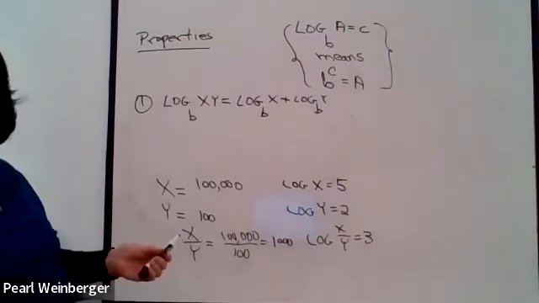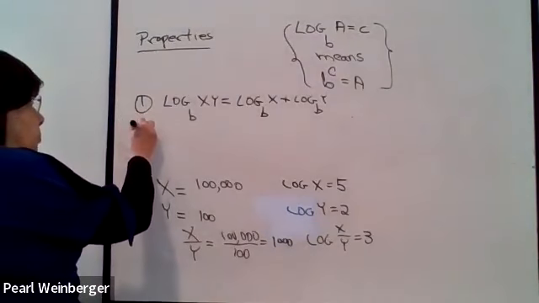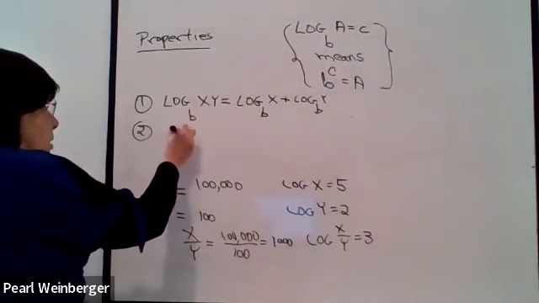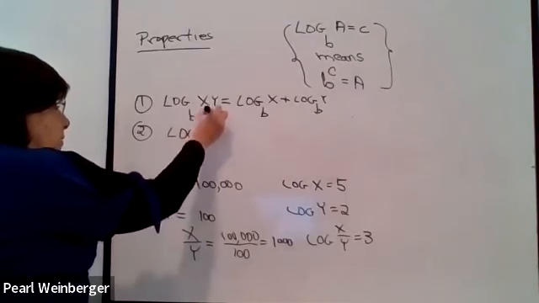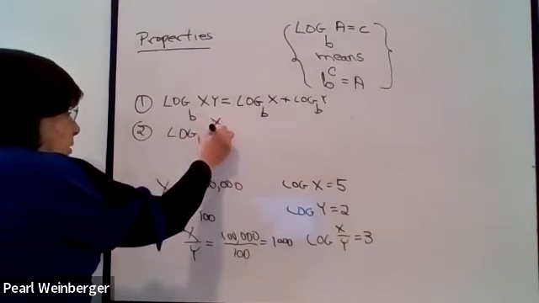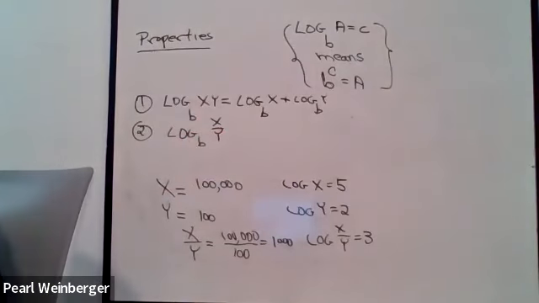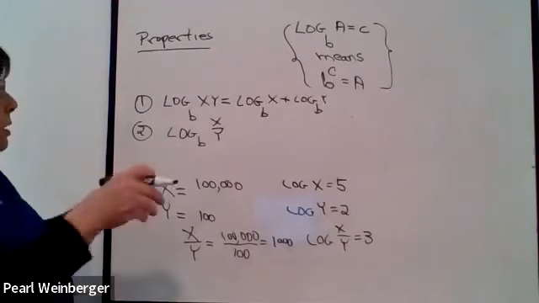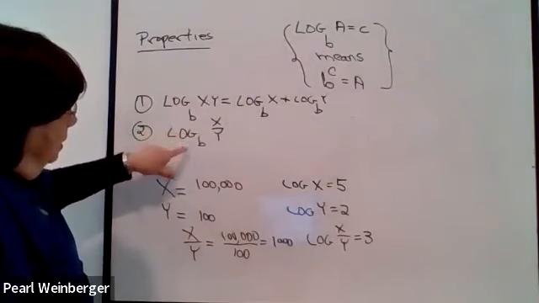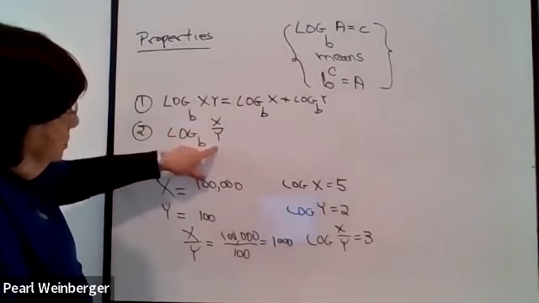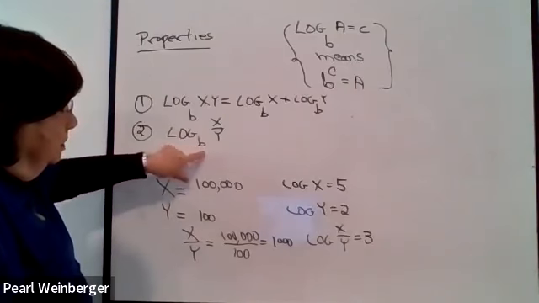So therefore, my second rule, my second property of logs is that the log base b of x divided by y is, so the second rule is if we're dividing two numbers, then what we do to their logs is we subtract.